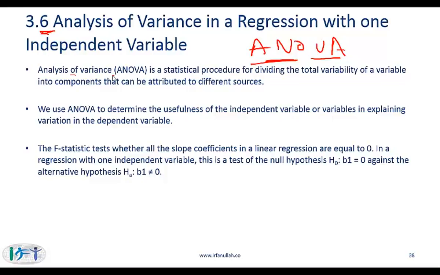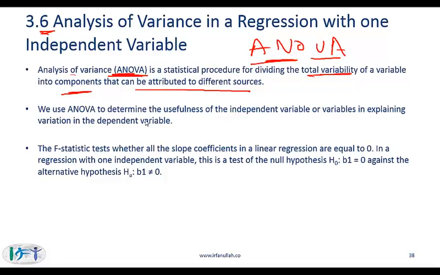What is ANOVA? Analysis of variation, or ANOVA, is a statistical procedure for dividing the total variability of a variable into components that can be attributed to different sources. Another way of putting it is that you have some variability. Where is that variability coming from? What are the sources of that variability?